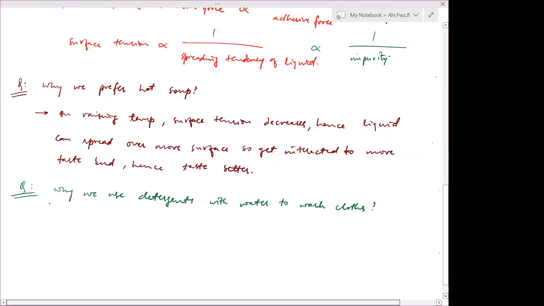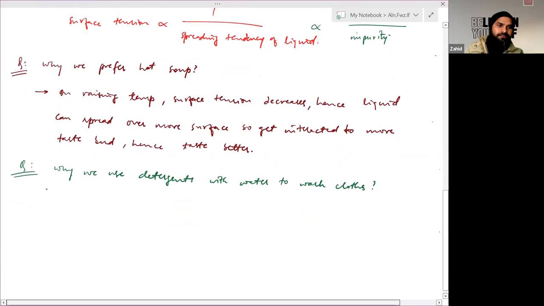So we can say that on adding detergents, surface tension decreases.